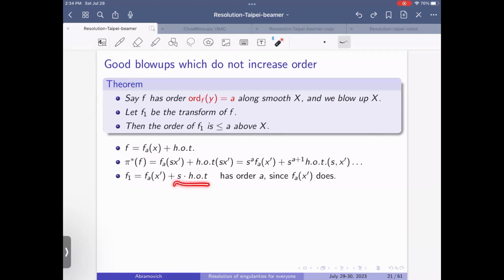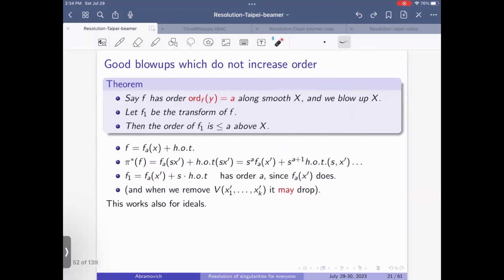So everything here has degree at least A, and S raises the degree even further. But so this has order A because the leading term has just order A.